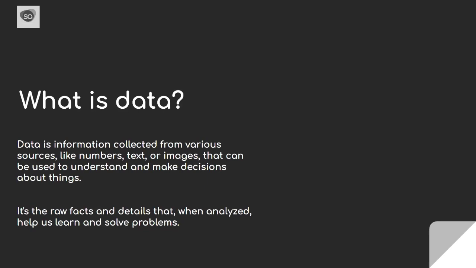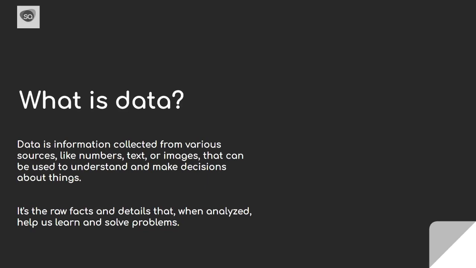So I want us to think of data as the ingredients in a recipe, right? When you want to create a meal, if you have only salt, salt by itself cannot do anything. It cannot make so much, right?